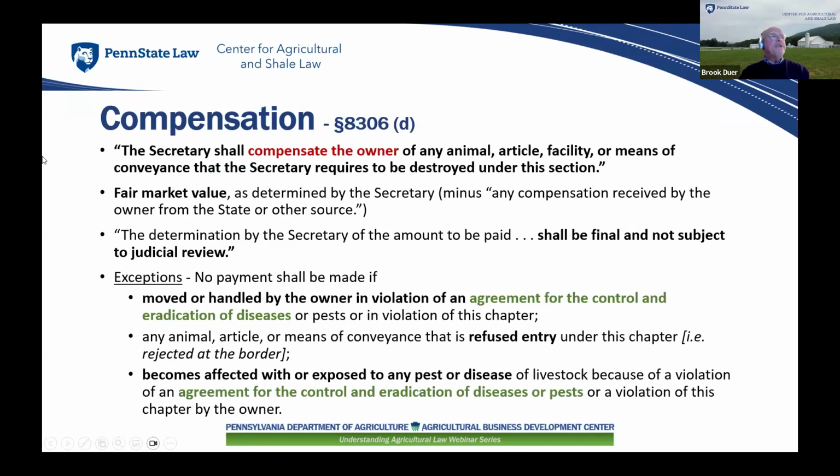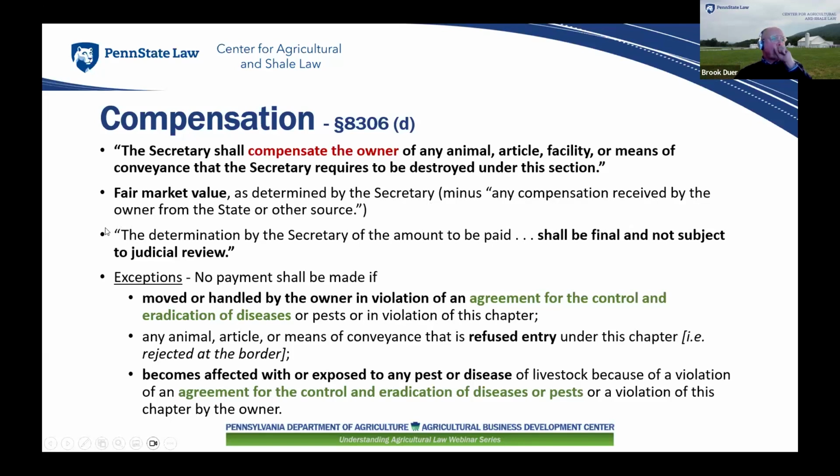Okay, now compensation is such a huge part of all this. The secretary shall compensate the owner of any animal, article, facility, or means of conveyance that the secretary requires to be destroyed under this section. Fair market value as determined by the secretary, minus any compensation received by the owner from state or insurance or whatever it may be, is the standard for compensation.